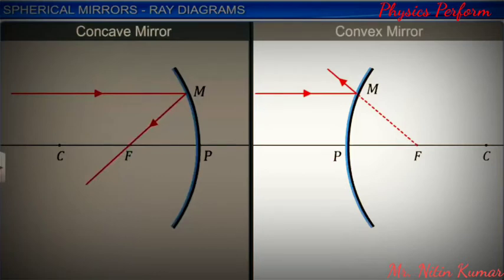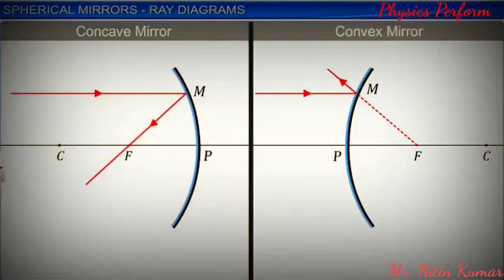Since C is the center of curvature of the mirror, CM is the normal to the mirror at M.